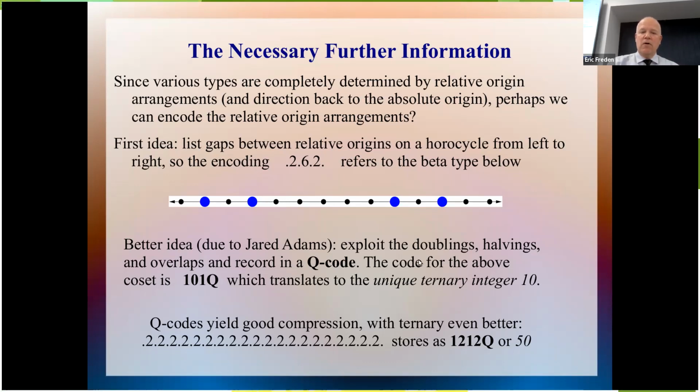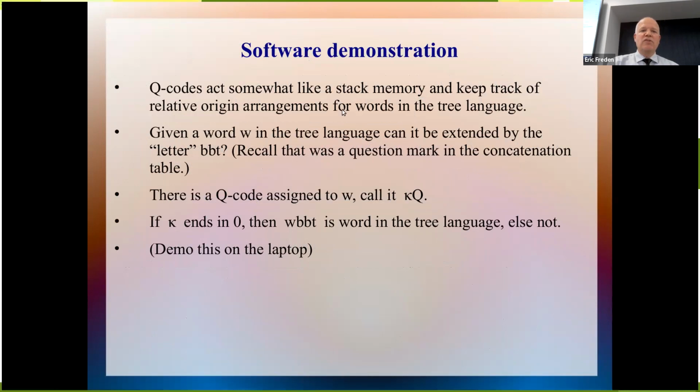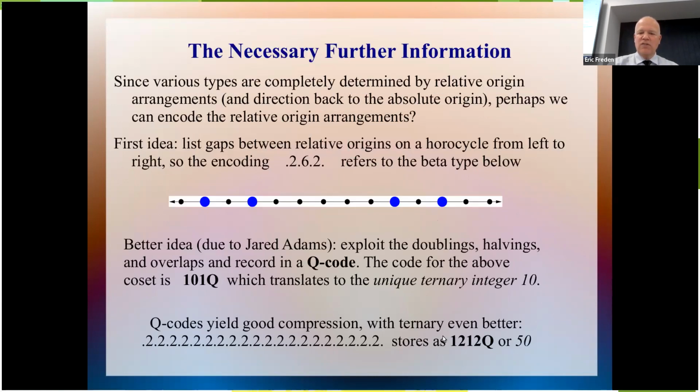Okay. So the Q codes act something like a stack. They're stack memory. So I have a big long Q code here, and it's a stack. I'm thinking the Q is the top of the stack. I'm going to push and pop stuff here from the Q side, right? The weird thing is, though, it's not quite a stack.